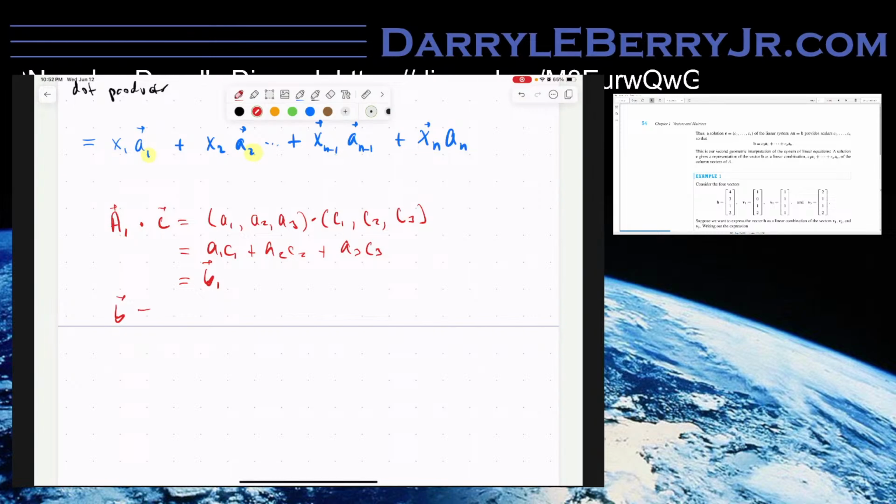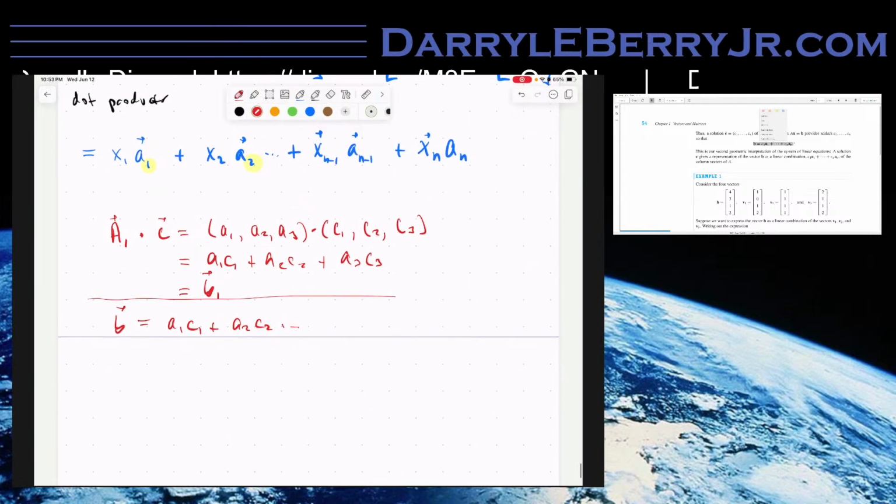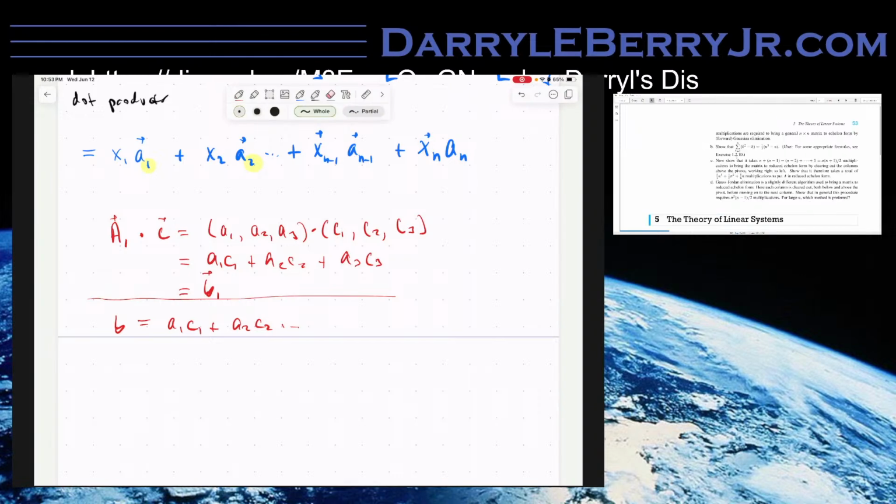So B, it's repeating the line up there, is A1 C1 plus A2 C2 and so forth, which is what they have here. But it is pointing out the result of the matrix dot product of vector equals B, which is a scalar, even though they wrote it as a vector. So it seems like we're still talking about a series of vectors, ironically enough.